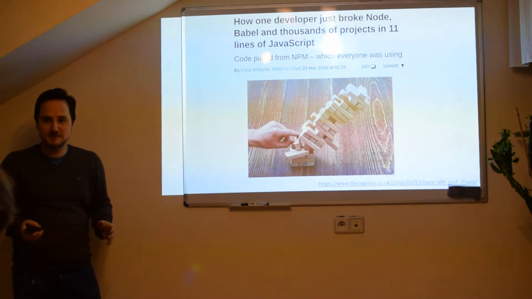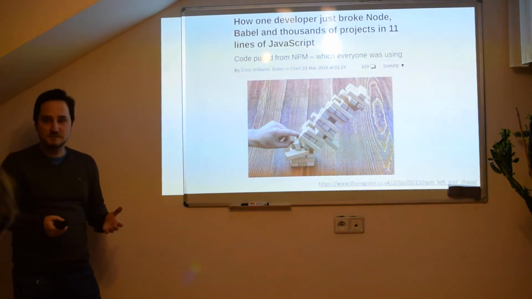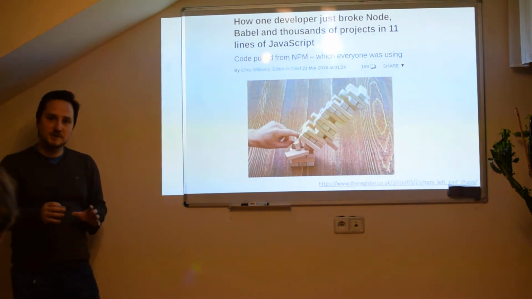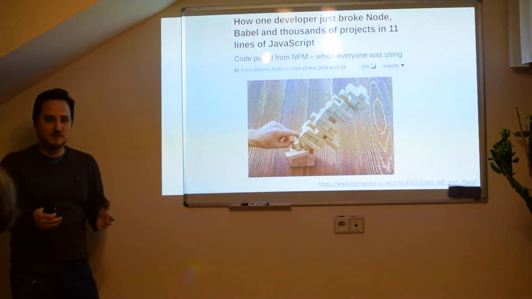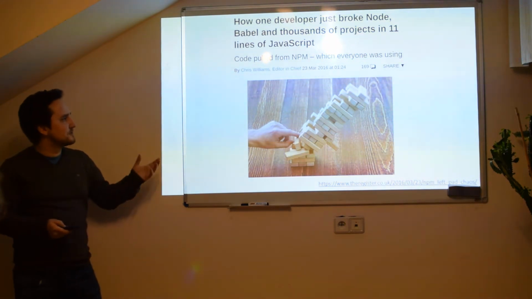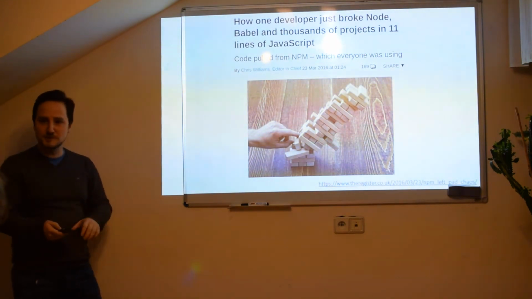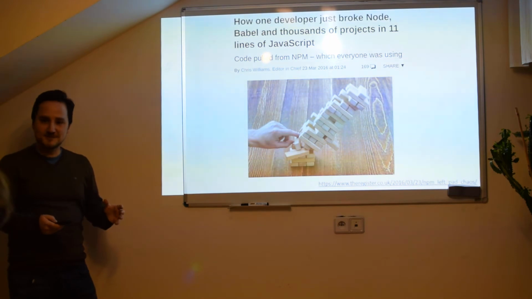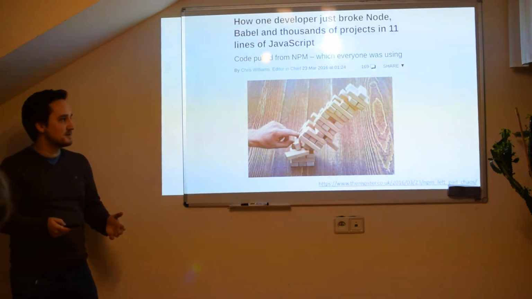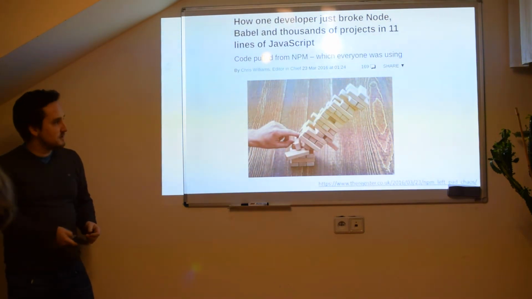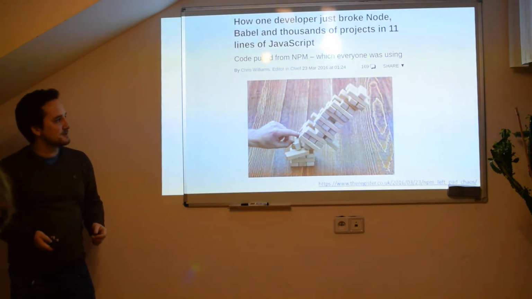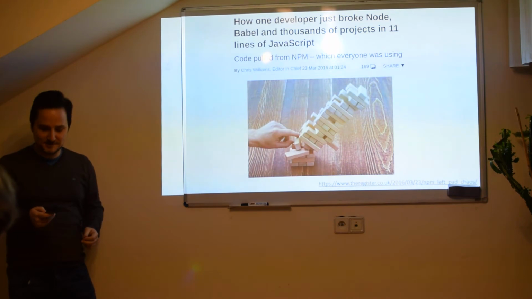Half of the internet was not working anymore because there was a missing dependency. That's how interconnected dependencies are these days. The npm maintainers even needed to manually put it back, even if the author of this library didn't agree, because otherwise nothing would be working. If you're not familiar with it, I recommend looking it up, because it's really interesting.